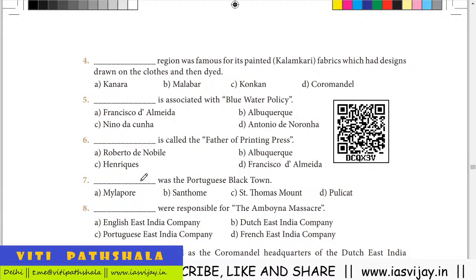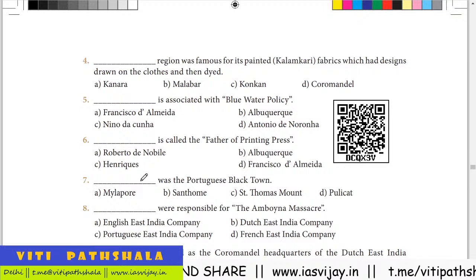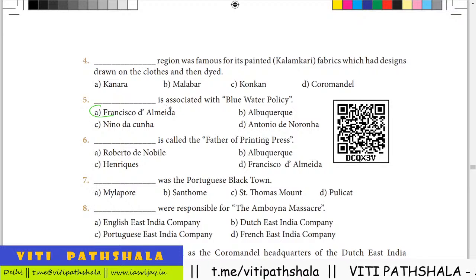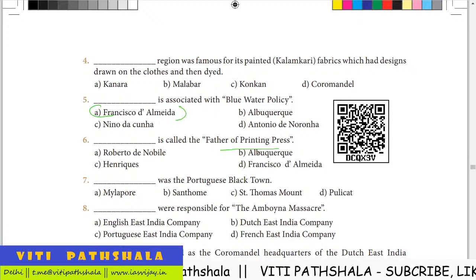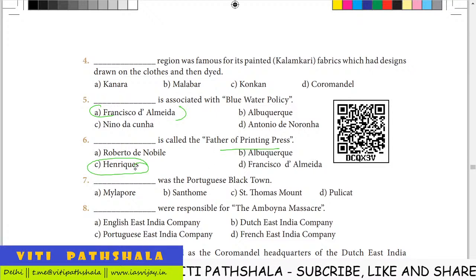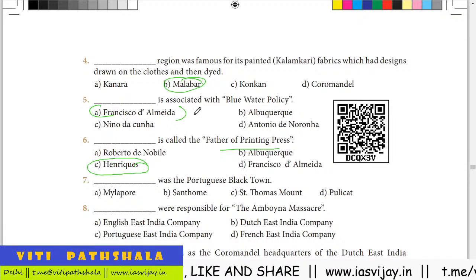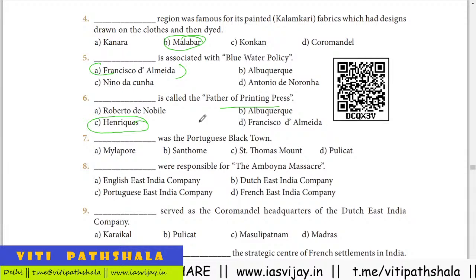Question number 5. Dash is associated with the blue water policy. This is Francisco de Almeida. Then the father of the printing press. This is Henriques. Yes, Malabar is the correct answer. Then dash was the Portuguese black town.